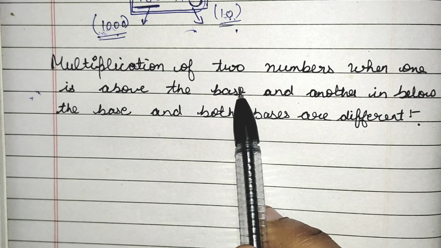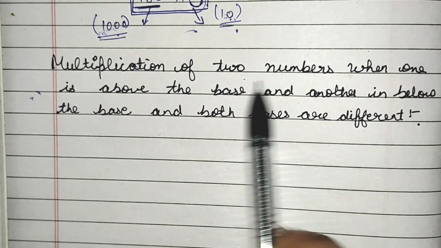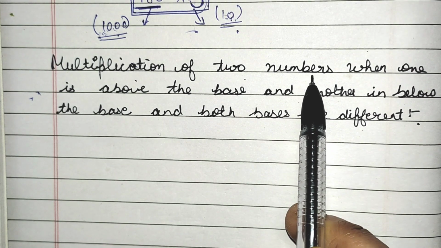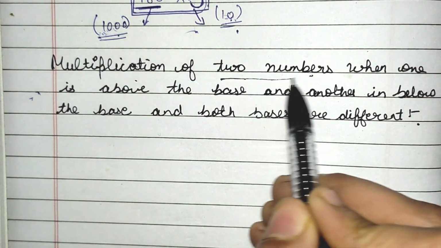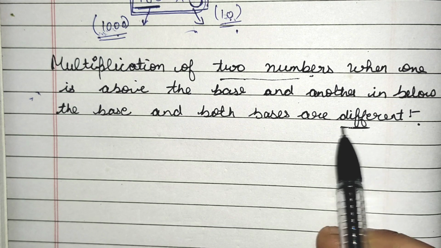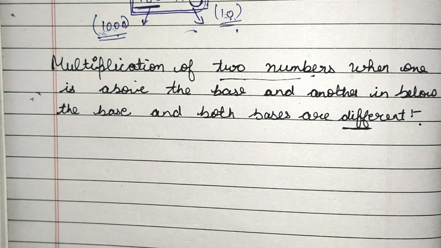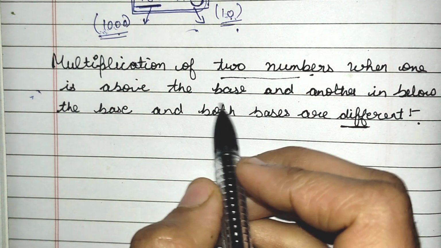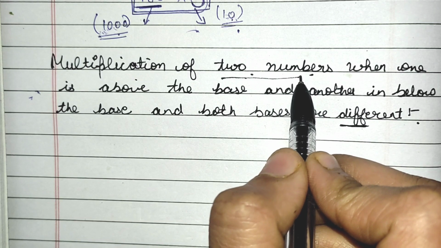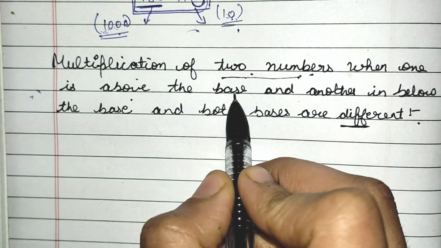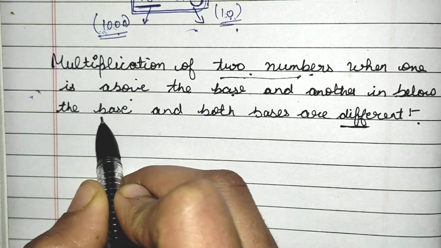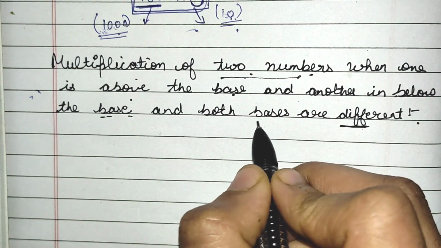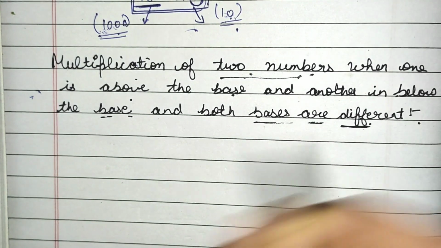So let's start today's topic, in which we are going to do multiplication of two numbers where both the numbers have different bases, and one number is above the base and another number is below the base. In the previous video we solved the multiplication of two numbers when one number was above the base and one was below the base, but both numbers had the same base.